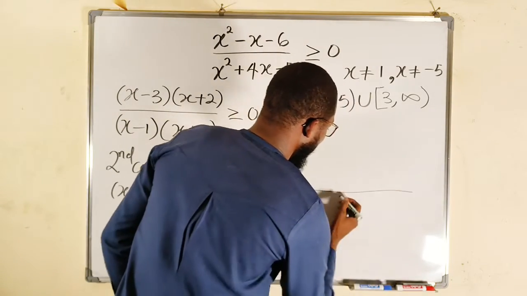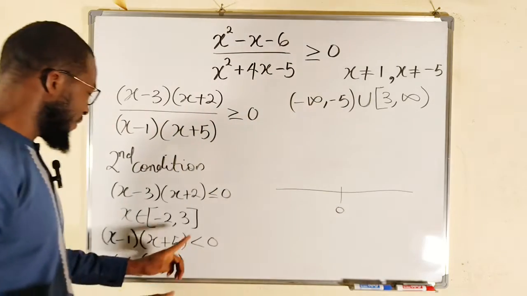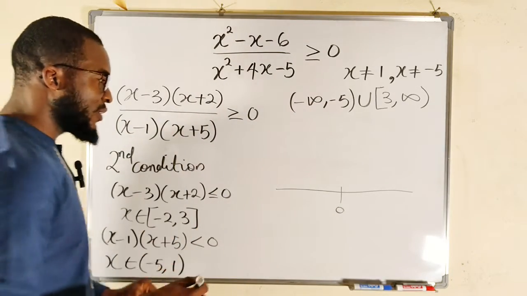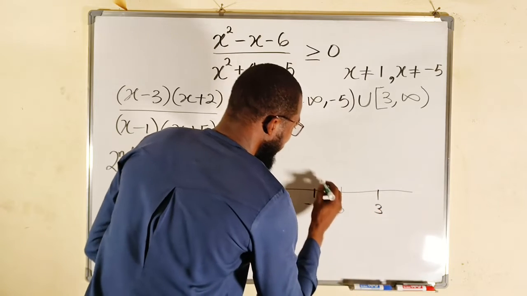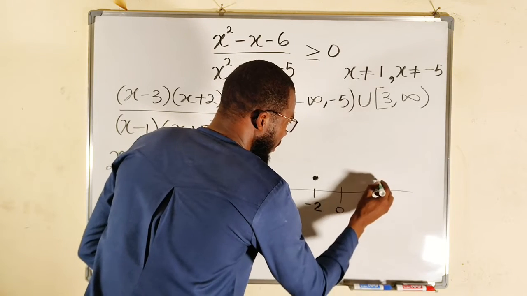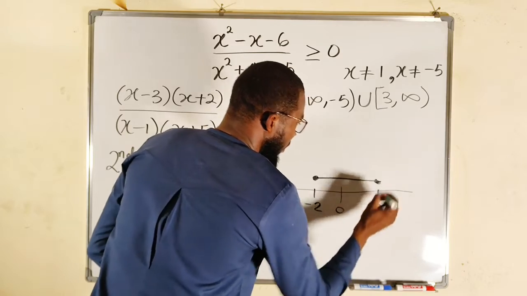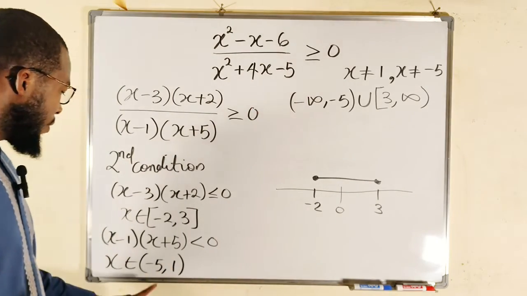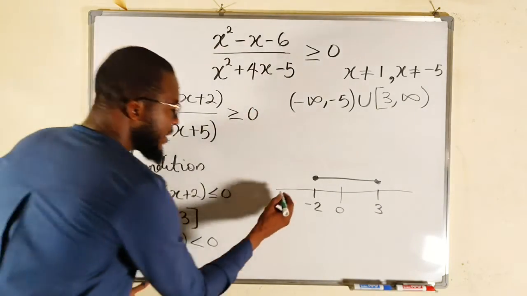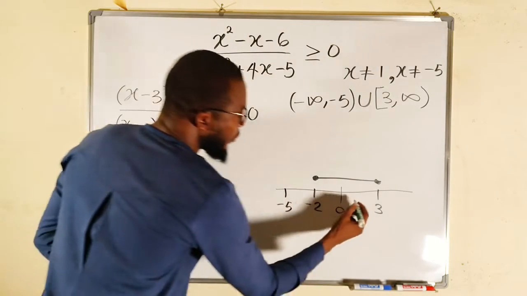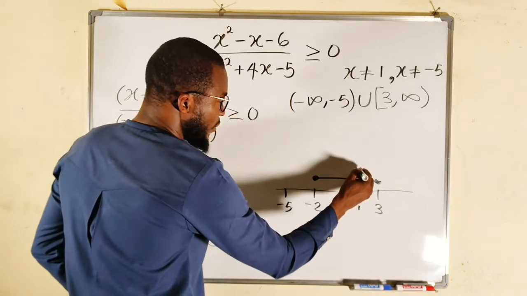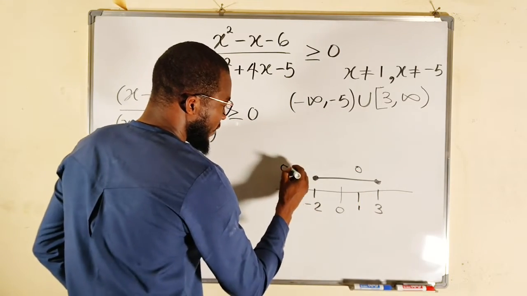So if this is a number line, we have the origin 0. Let's start with the first one from -2 down to 3. -2 here, 3 here. We mean from here down here. This is where we have the solution. What about the second one? From -5, if we have -5 here, down to 1. 1 is somewhere here. So we have this.